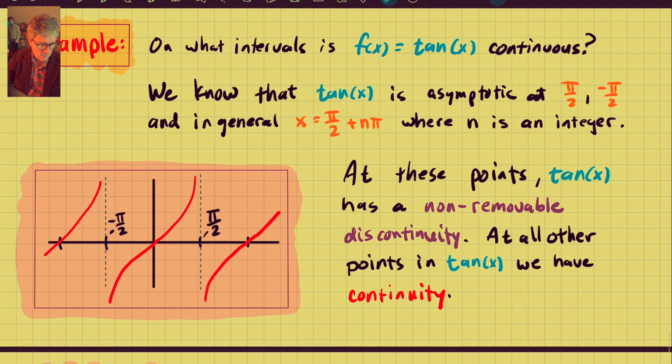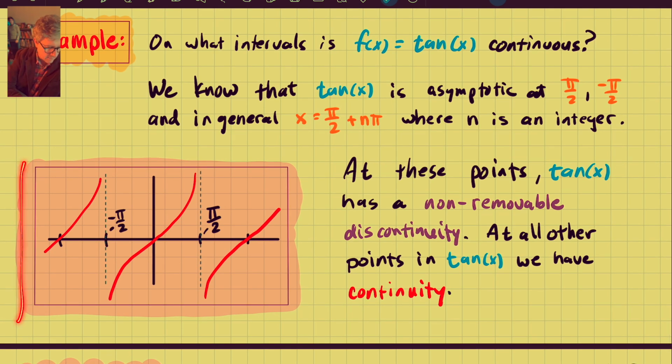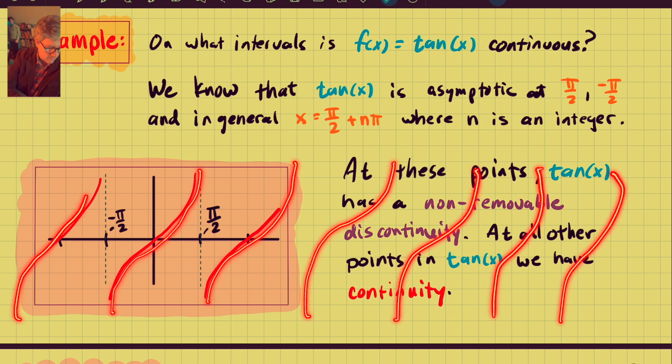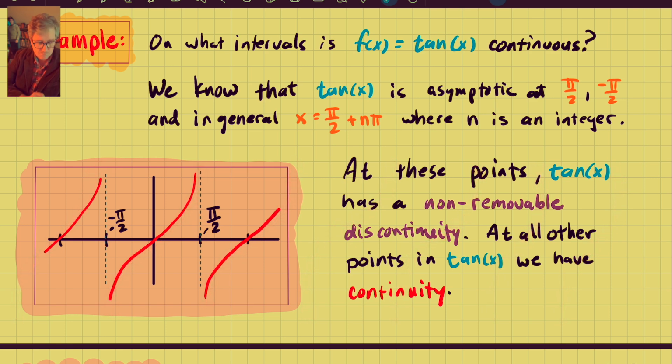And so we've seen the graph for tangent before. It kind of looks like this. Here's x equals 0, and you've got x equals negative pi over 2 and x equals pi over 2, and the function exists between these asymptotes. It's one of the weirdest functions you ever plot, and it looks a bit like that. It's got this asymptotic behavior that's periodic, and those occur at pi over 2 plus n pi.